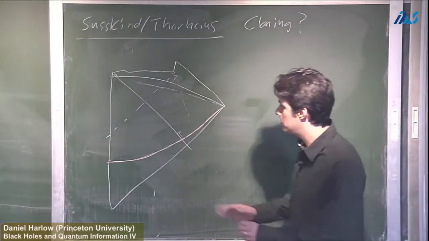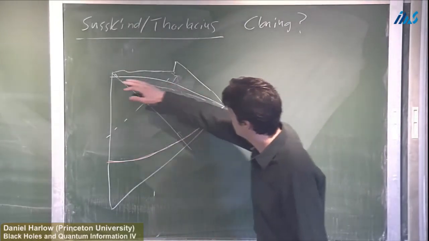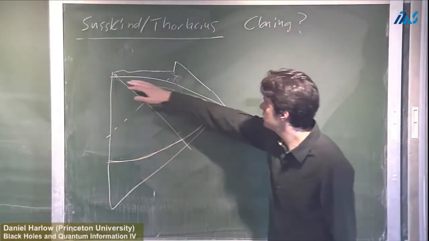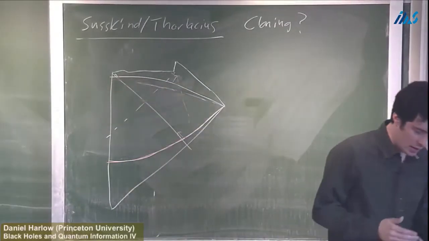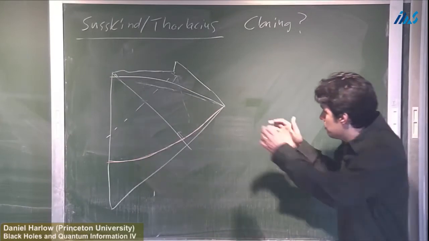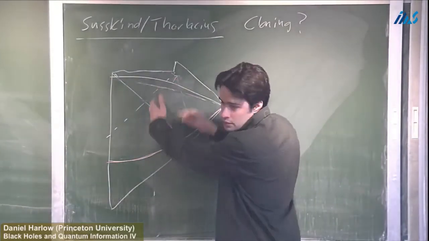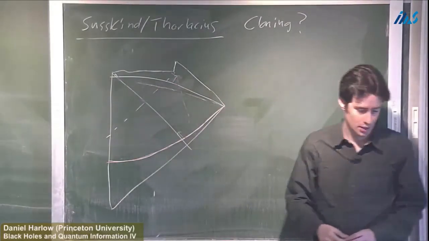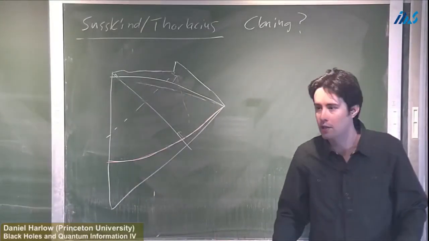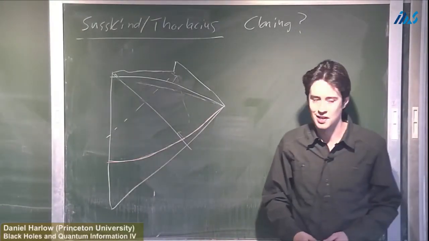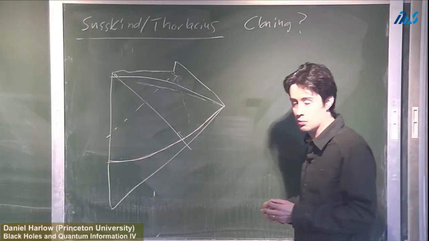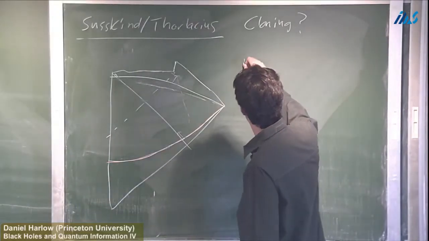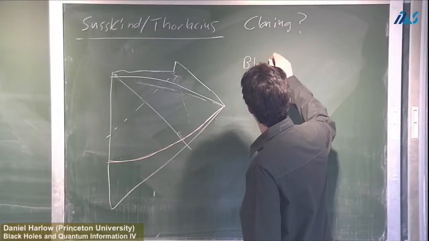Maybe instead of asking for a global description of this slice in terms of quantum mechanics, we should just ask that for any particular observer who jumps in at some time, within what they can see, quantum mechanics is consistent. And shouldn't that be enough? Why should we ask for more? That idea is often called black hole complementarity.